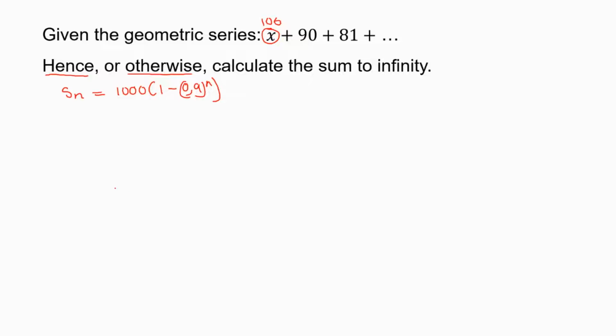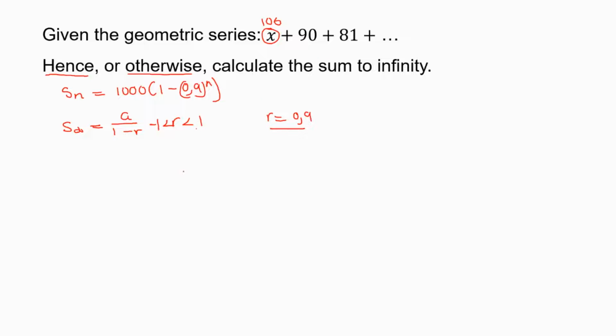Let's say otherwise. Otherwise, we know that sum to infinity is equal to a over 1 minus r, where r is between -1 and 1. So that is a converging series. And we managed to find that r there is equal to 0.9, and 0.9 is between -1 and 1.